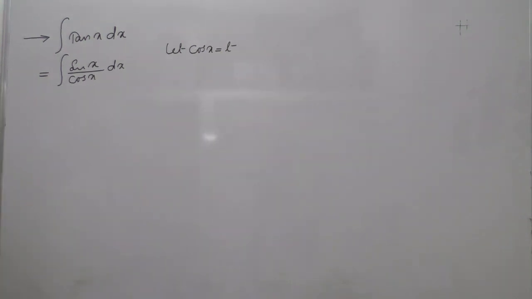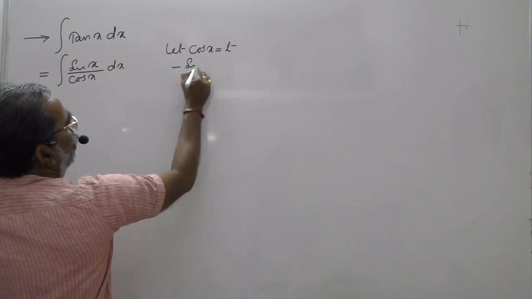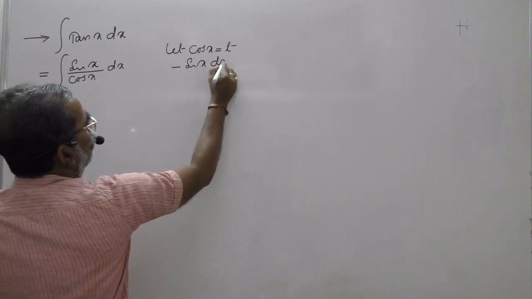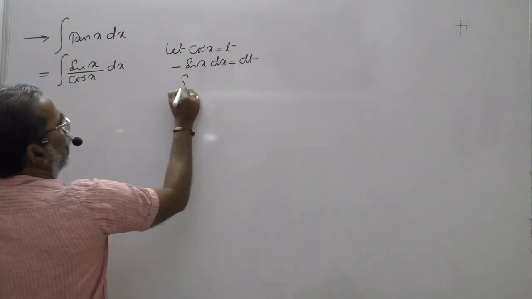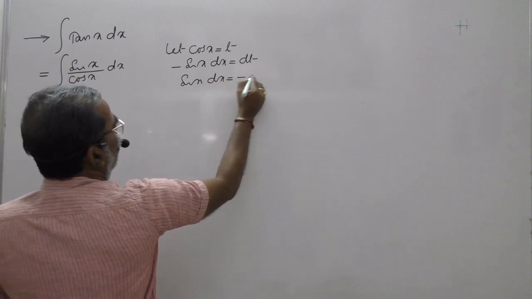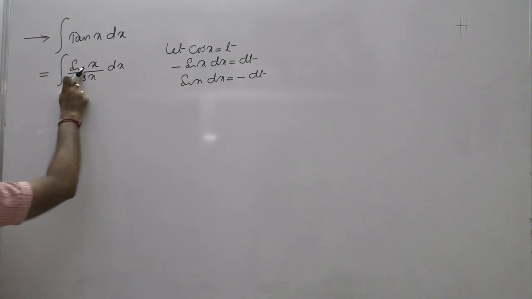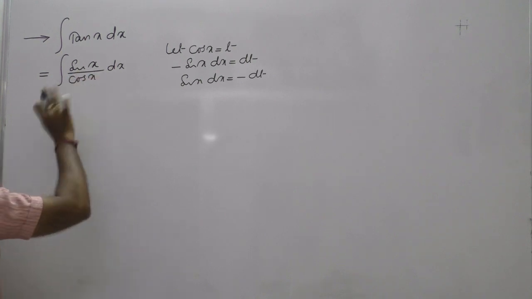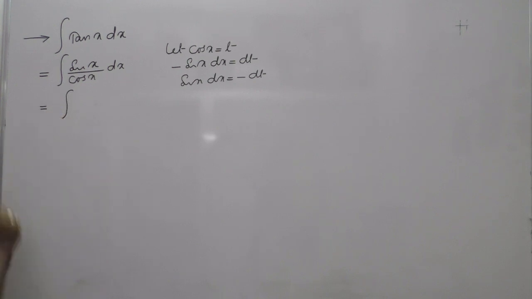I will let cos x equal t. What is its derivative? Minus sin x dx is equal to dt. Therefore, sin x dx will be minus dt. Why did I write it like this? Here we have only sin x dx, the minus is not there.